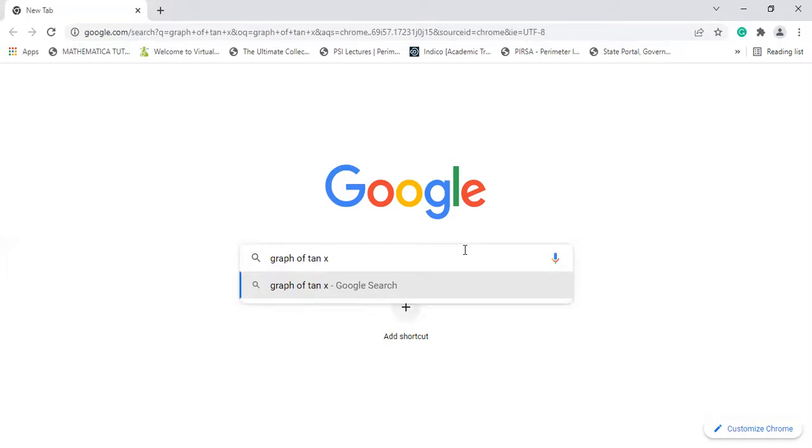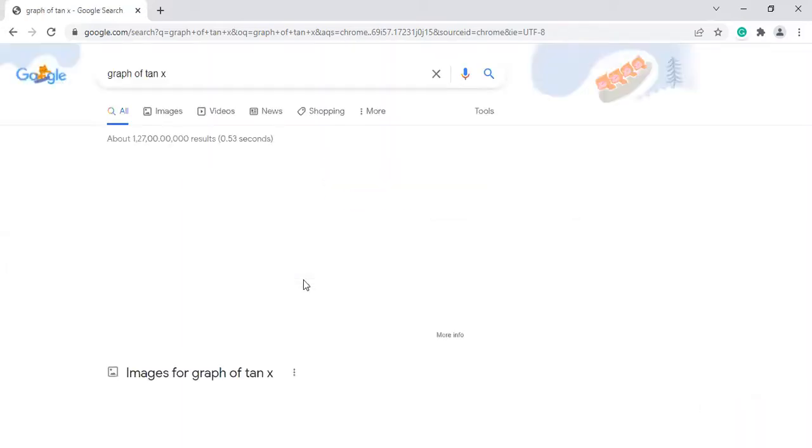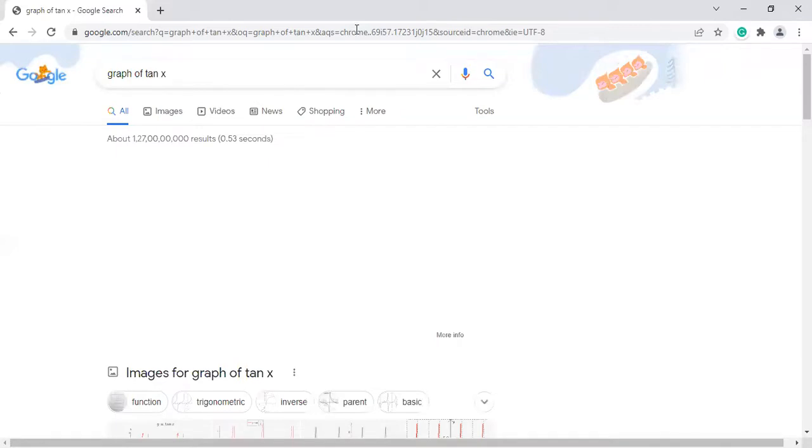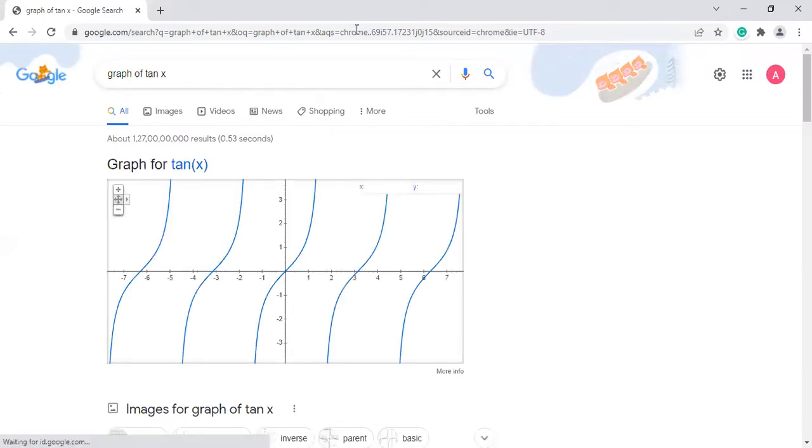Okay, let us look at the graph of tan x. So this is the graph of tan x. At x equal to pi by 2, there is a discontinuity, but this is not piecewise continuous because at x equal to pi by 2, the value of the function goes to infinity.